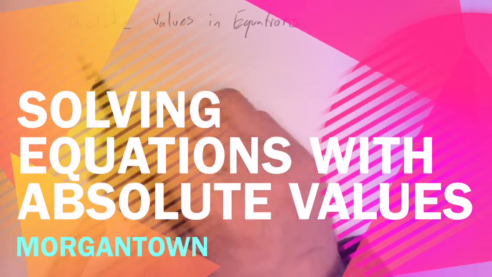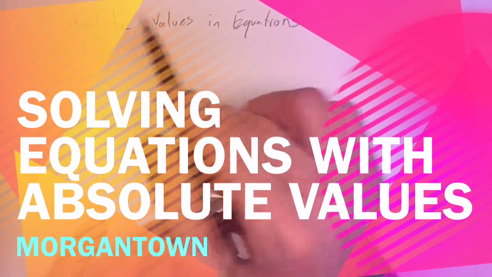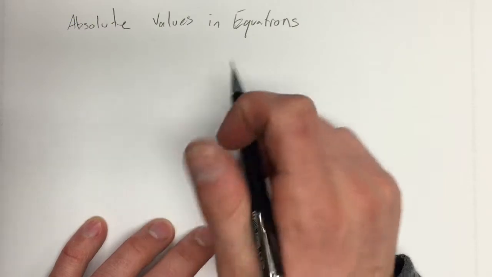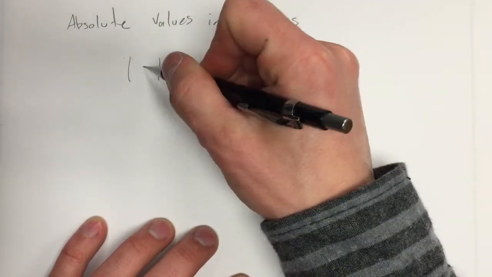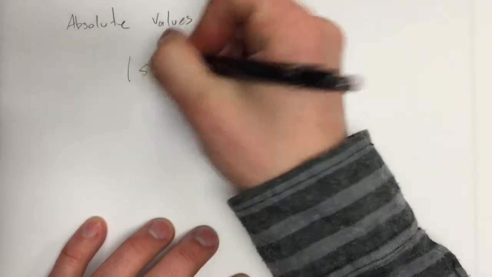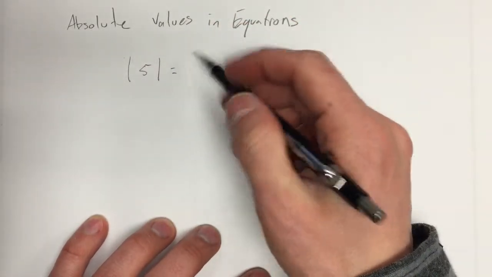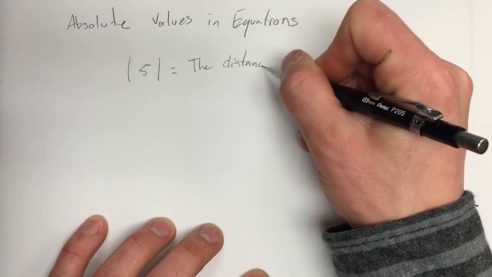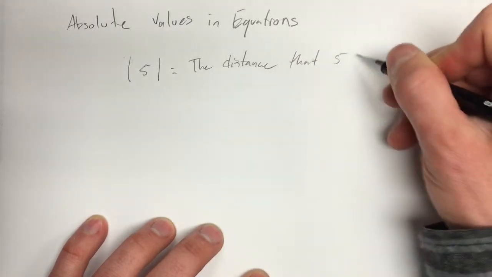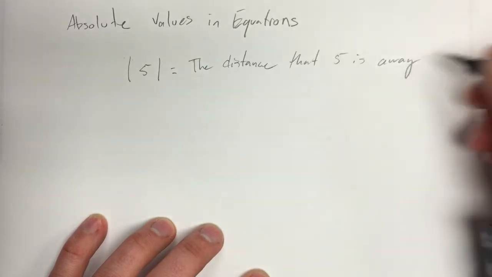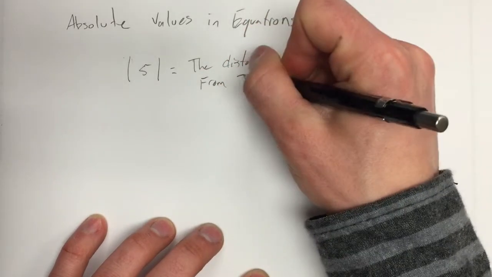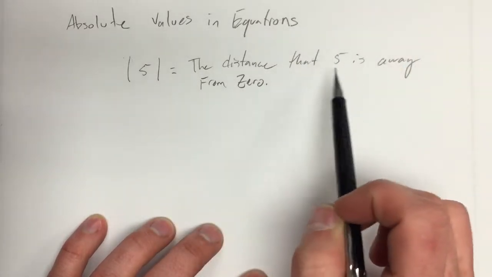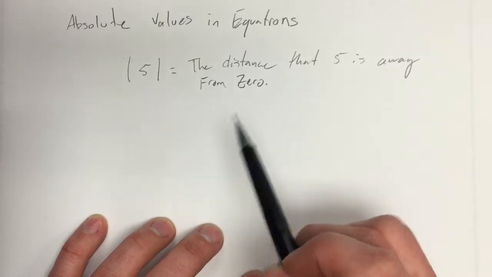Okay, so in this video we're going to be learning about how to solve absolute values inside of equations. And we need to remember that the absolute value is the distance that any number, not just 5, is away from 0.